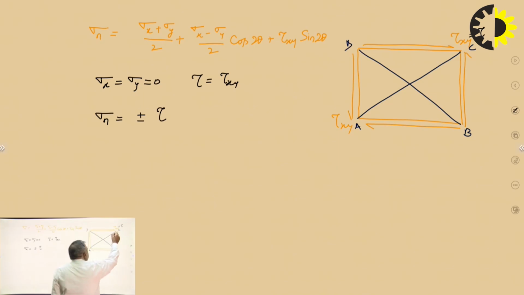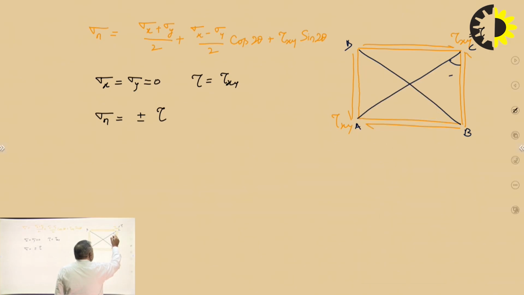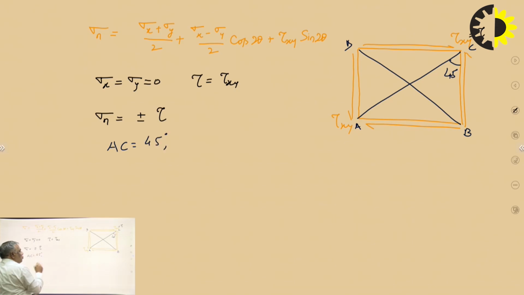This angle theta is equal to 45 degrees for AC, and for BD, theta is equal to 135 degrees. If you put this value here, you will get sigma n.